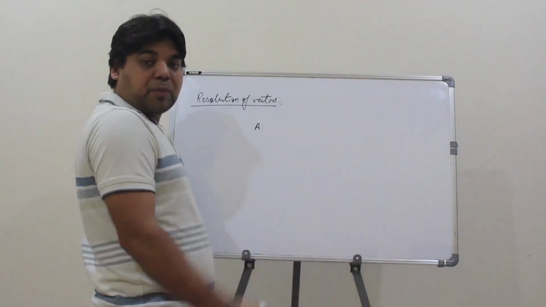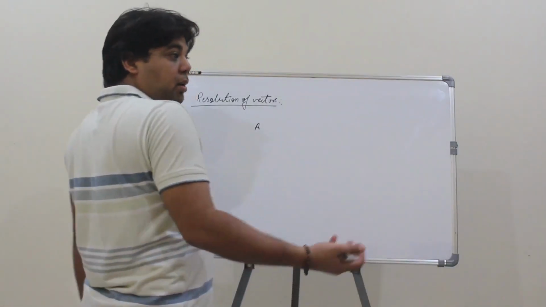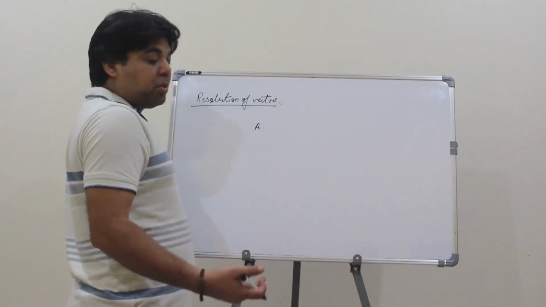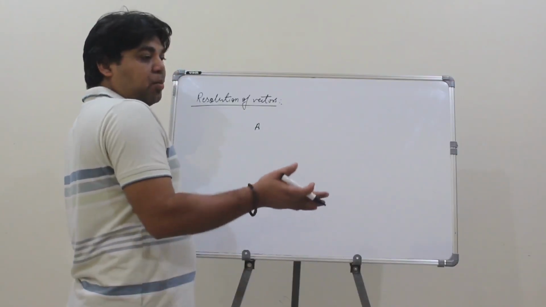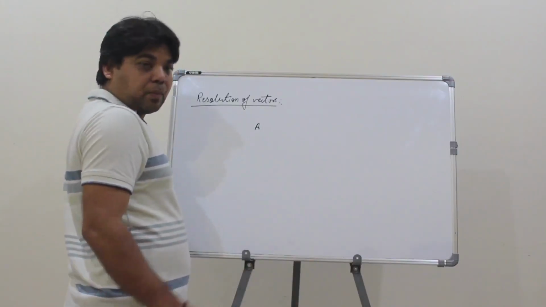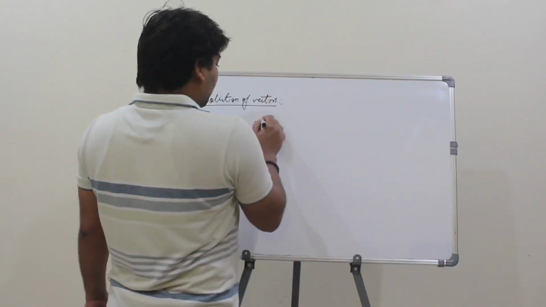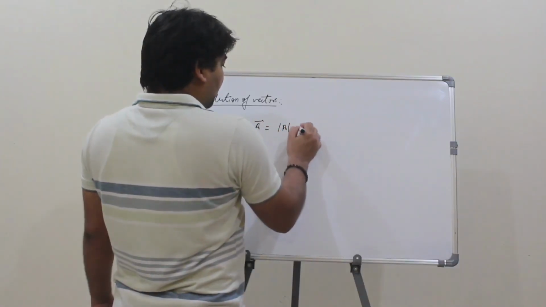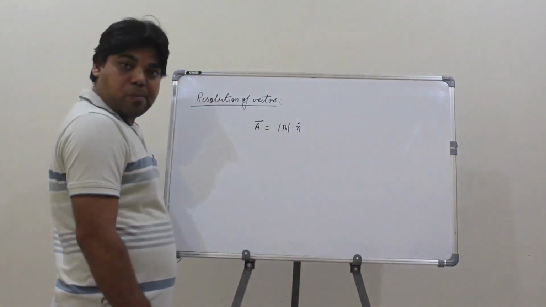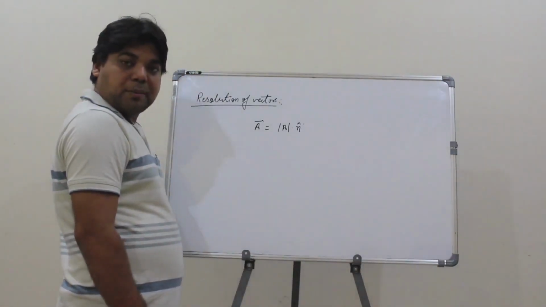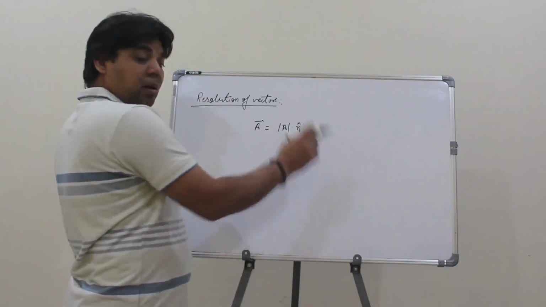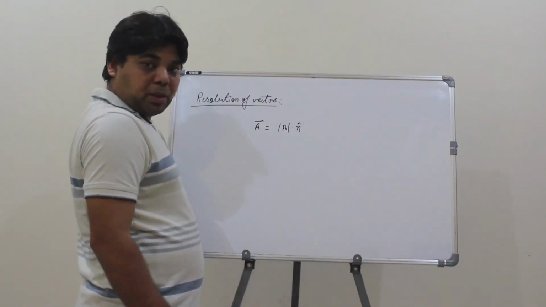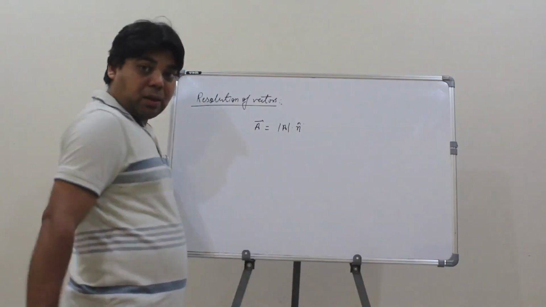If you want to represent it, basically write it into its component along a different direction. It is nothing but the mod of the vector A multiplied by the unit vector along that direction, right?